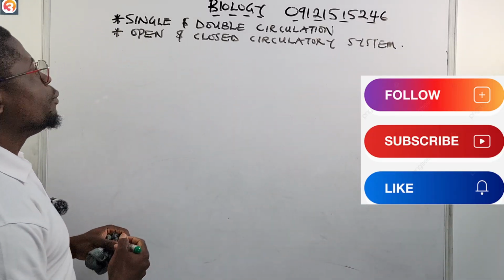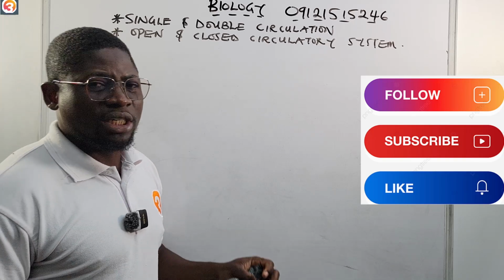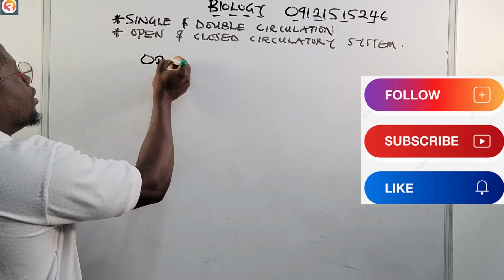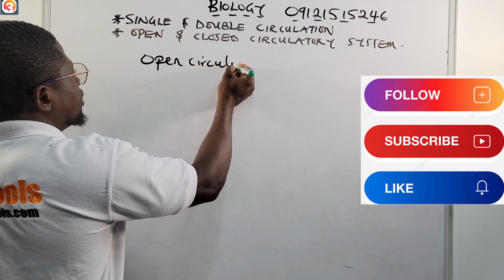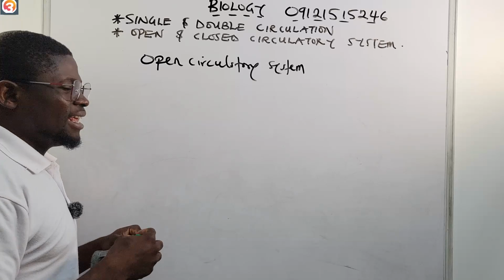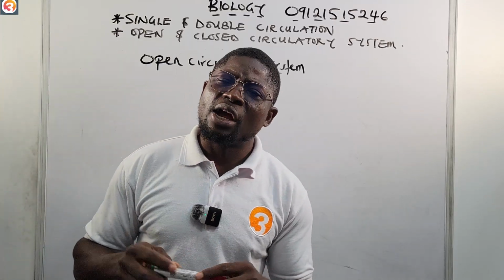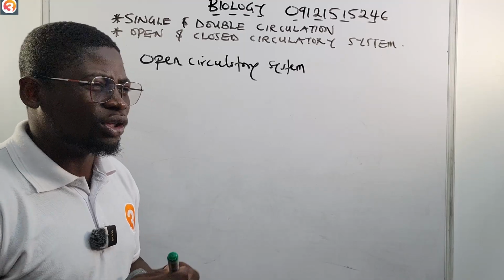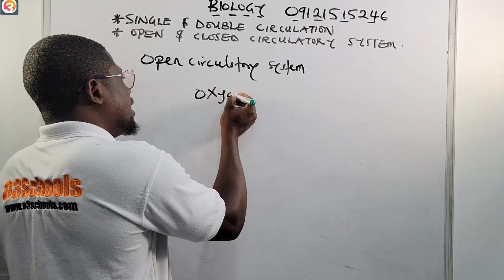All right, so now let's talk about the open and the closed circulatory system. We'll begin with the open circulatory system. It is very important to know that almost all multicellular organisms require oxygen.